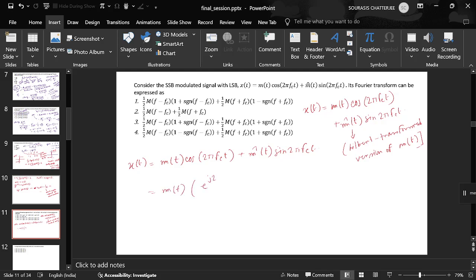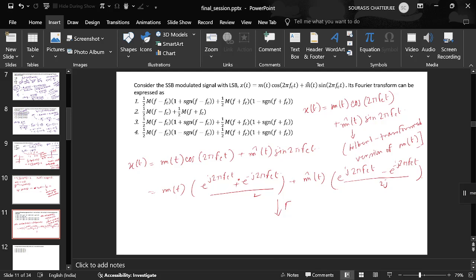Cos I can write as e to the power j 2 pi fc t plus e to the power minus j 2 pi fc t divided by 2, plus m hat t times e to the power j 2 pi fc t minus e to the power minus j 2 pi fc t divided by 2j.